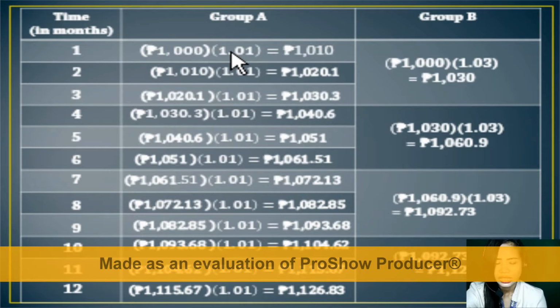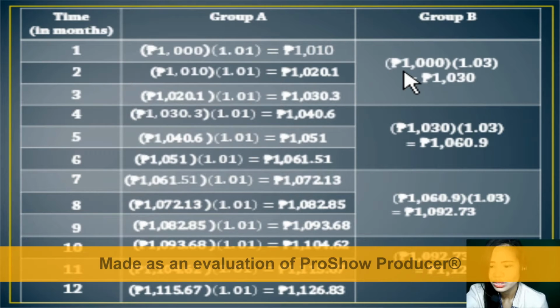So you rewrite it into decimal form, which is you divide it by 100 or move 2 decimal places to the left. That is 0.01. However, you will still add that to 1. So the answer is 1.01. In the first month, the investment will now become 1,010 pesos.